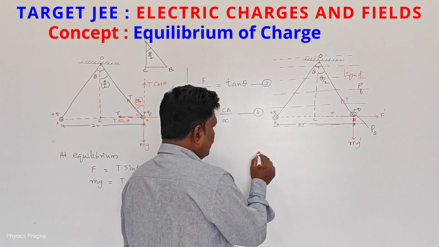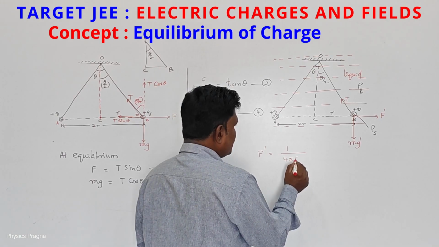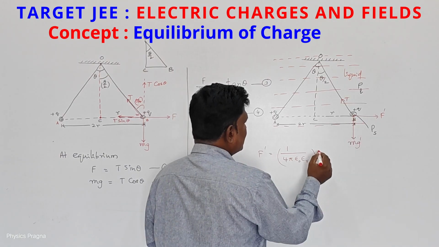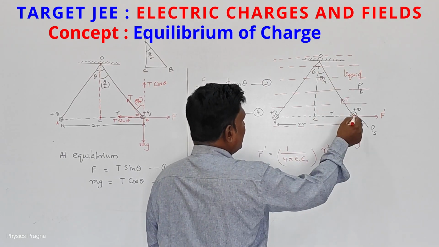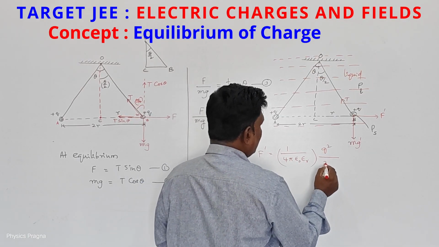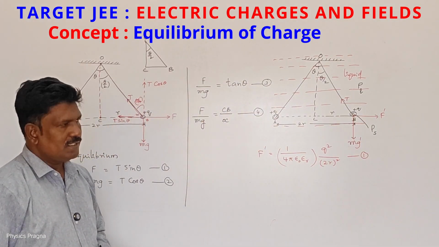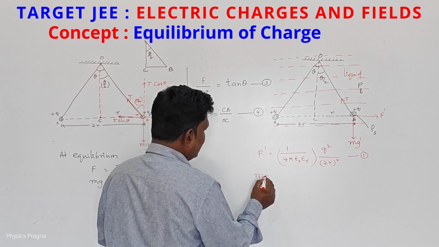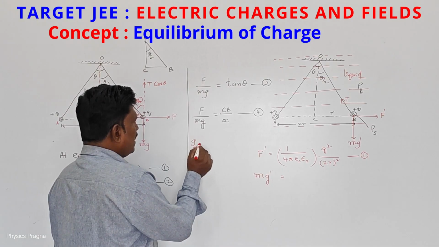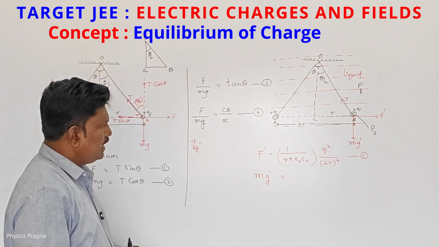Then F dash becomes 1 by 4 pi epsilon naught epsilon r, then q square, this is q and q, by the distance 2r whole square. This is the force. Mg dash is equal to, actually the effective g value, you always remember, in fluid mechanics we got this relation.